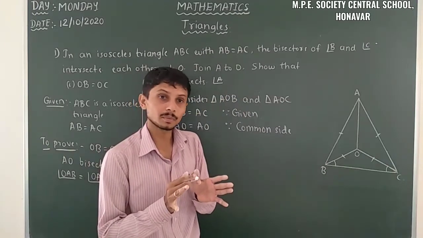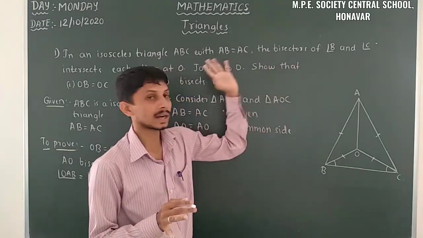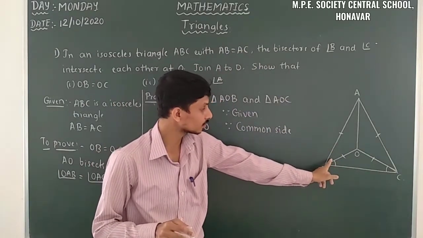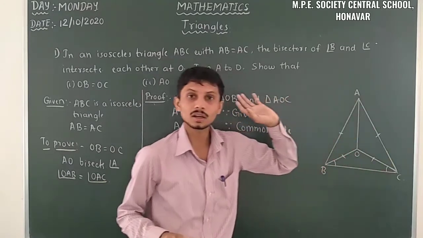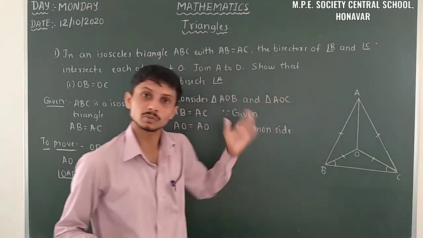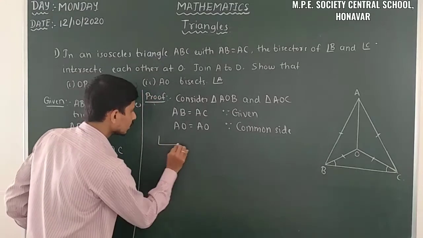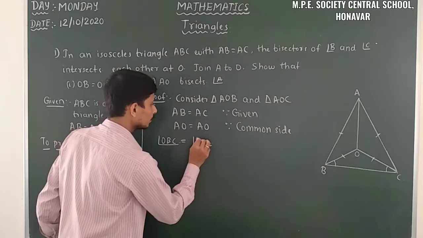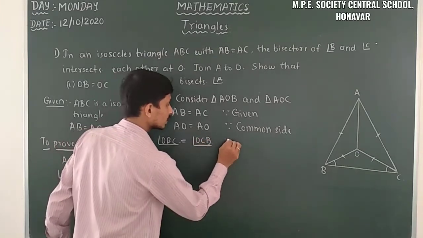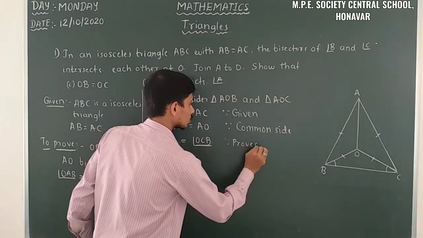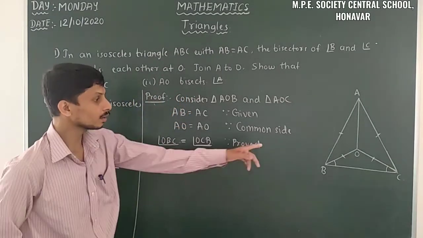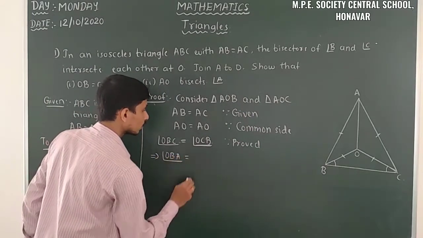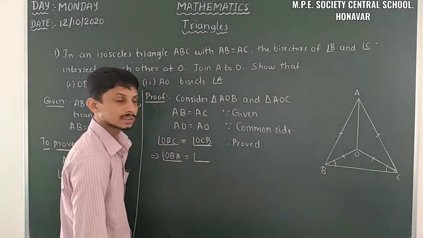We already learnt about the bisectors of angle B and C. BO and CO are bisectors, so this angle is also equal to this angle, and this angle is also equal to this angle. We already proved angle OBC is equal to angle OCB. So this implies angle OBA is equal to angle OCA.